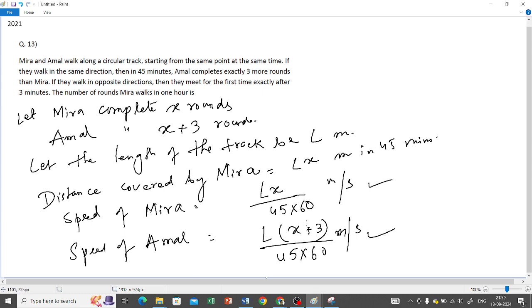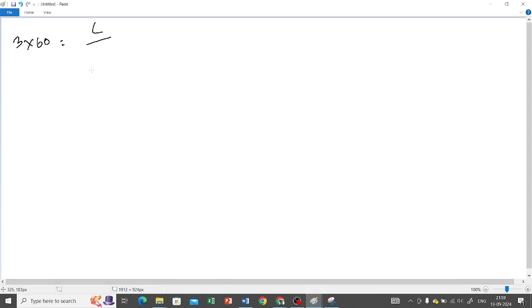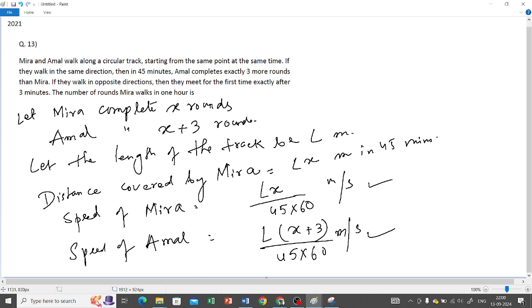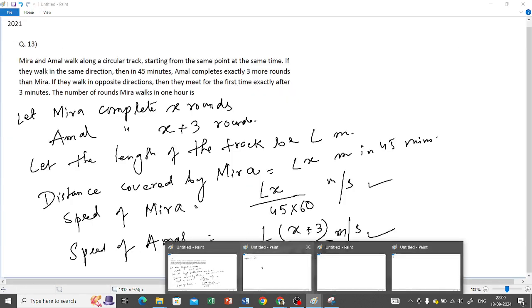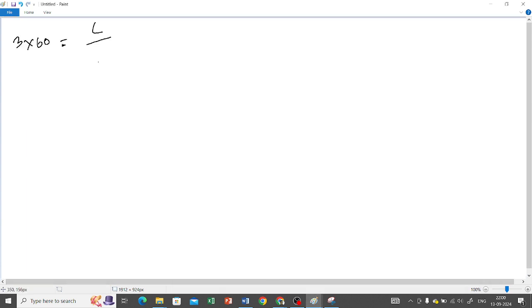So it is given 3 minutes, so 3 into 60 equals L divided by the addition of these two speeds, right?